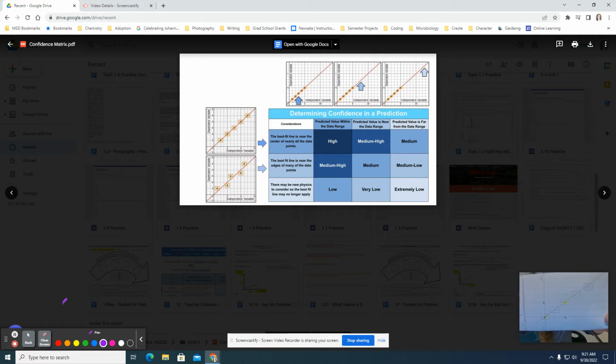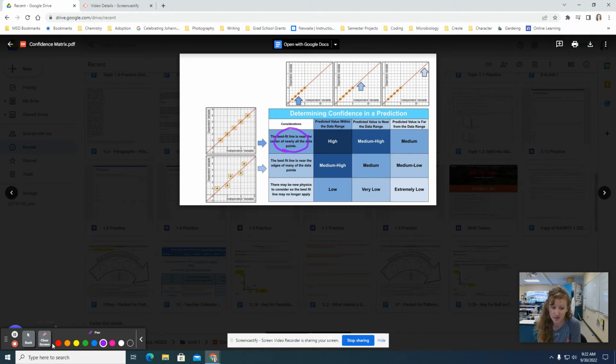As you can see, most of my dots are on my trend line. So the best fit line is near the center of nearly all the data points. There is one at the end that is not quite on the line, but we're going to say most of the dots are on our trend line, and we're going to stay at the top of this column.